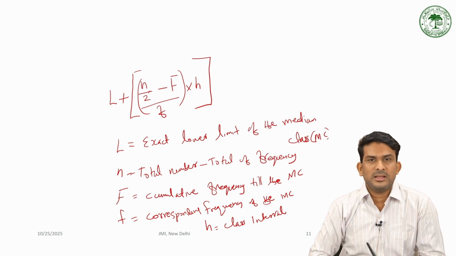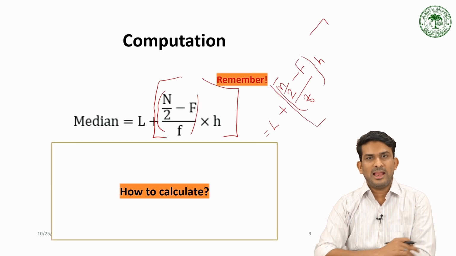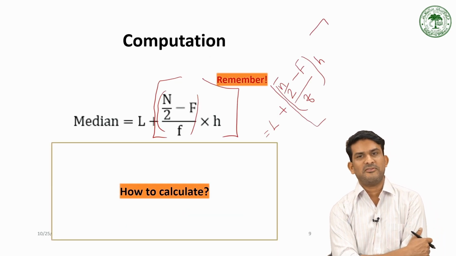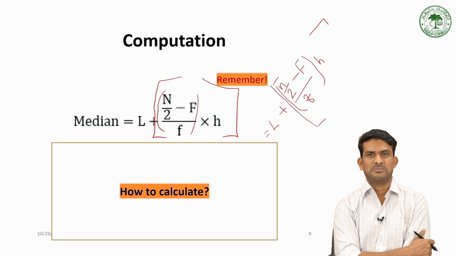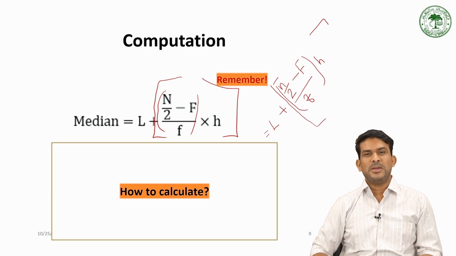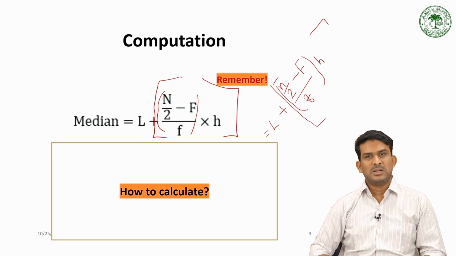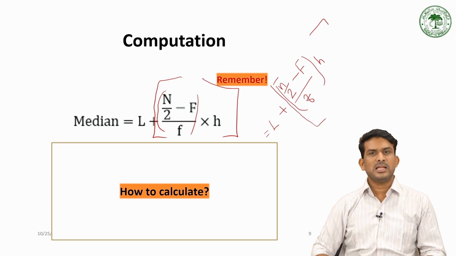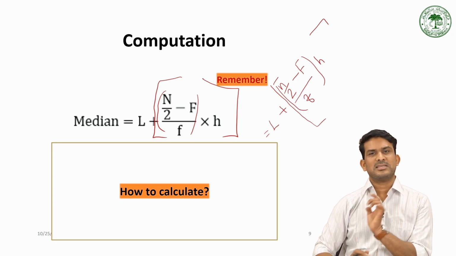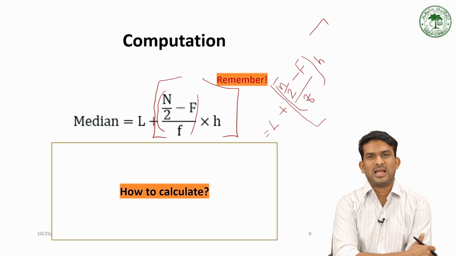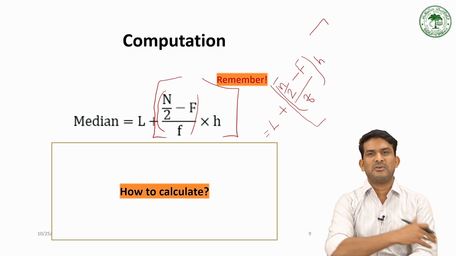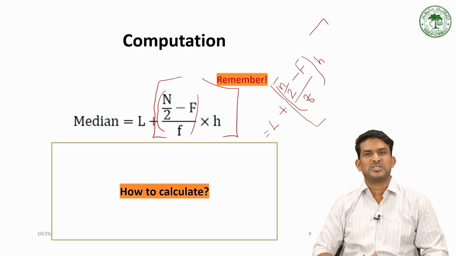If this is the median, you should know what is L, what is N, what is F, what is small f, what is H. Then everything is clear because we have only basic operations: division, multiplication, addition, subtraction. Nothing else. No further calculations are needed. Everyone knows addition, subtraction, multiplication, division.